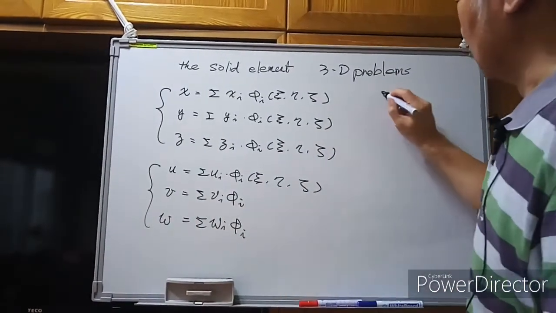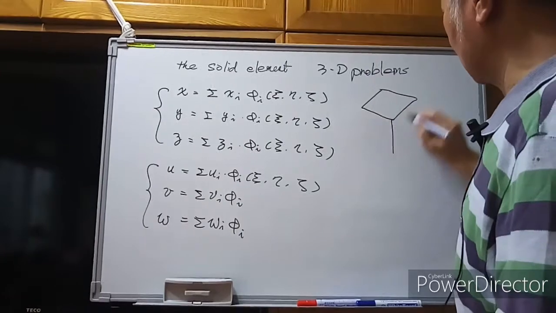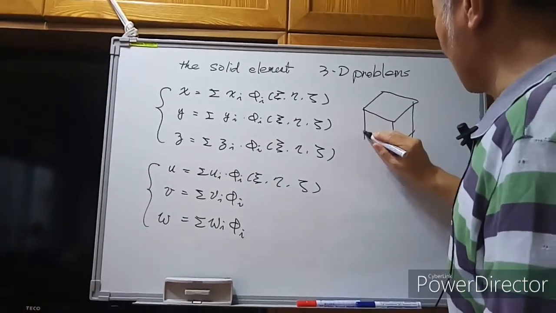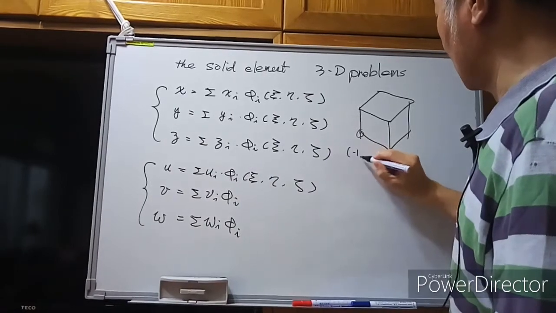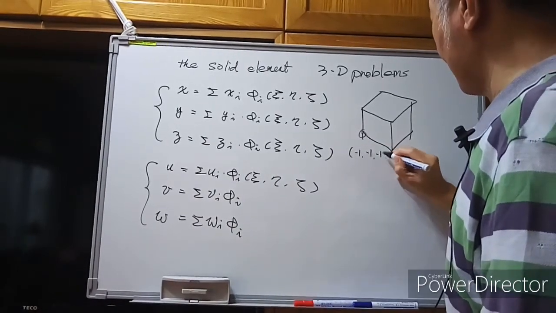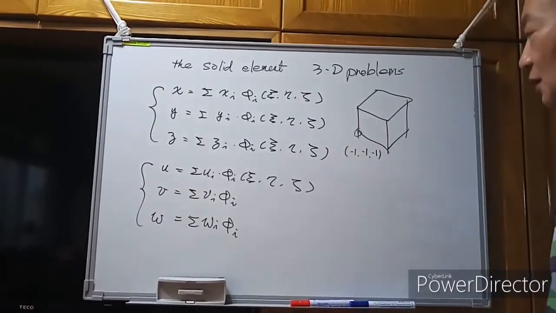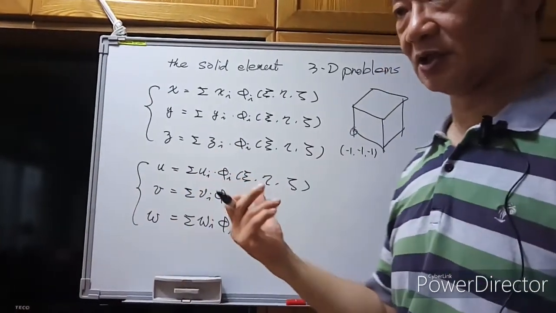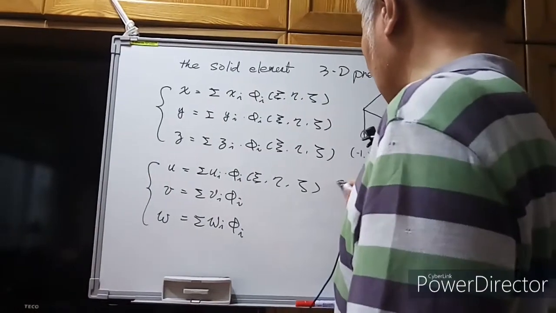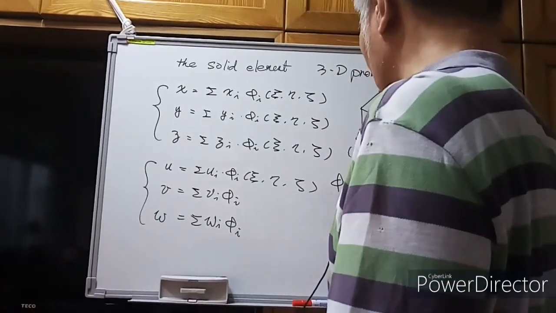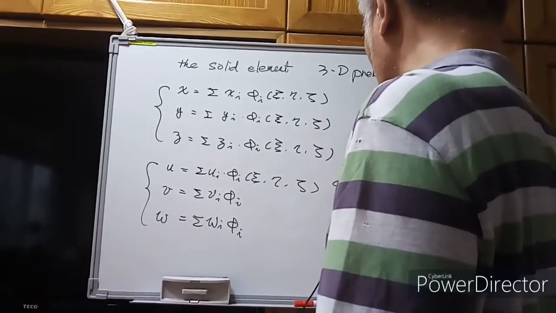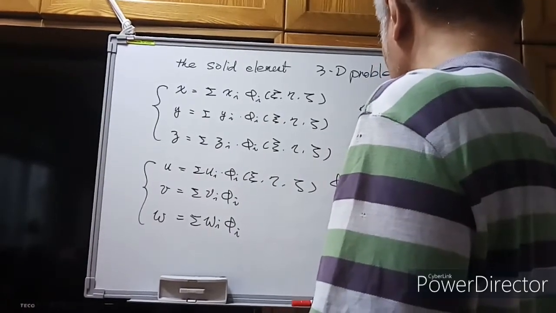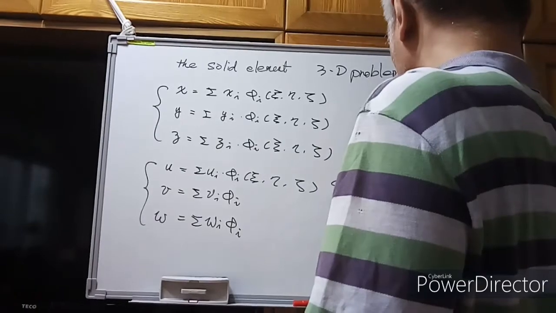And for this corner, if all the xi, eta, and zeta values are equal to -1, then the phi for this one is equal to L1 of xi, L1 of eta, L1 of zeta.